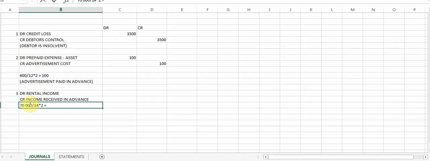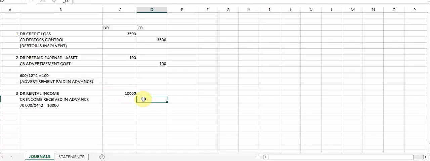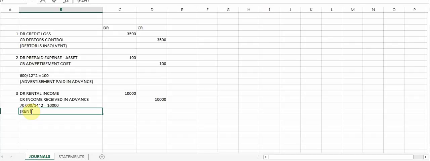So if I type that calculation into my calculator, I get to an answer of 10,000. So 10,000 debit, 10,000 credit. And I'm just going to write my narration there. Rental income in advance.